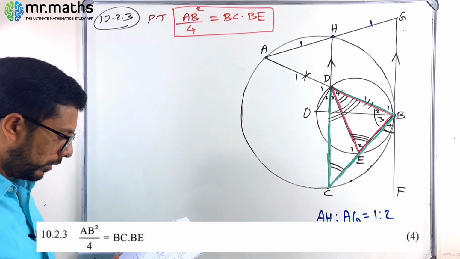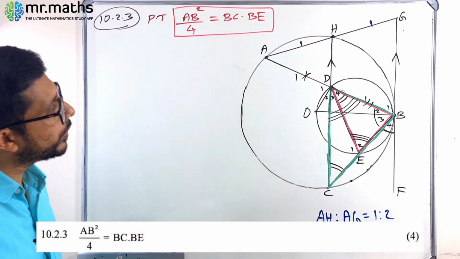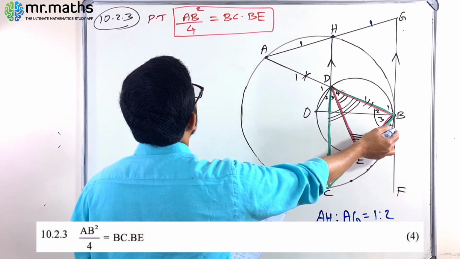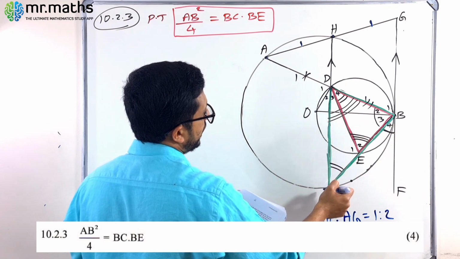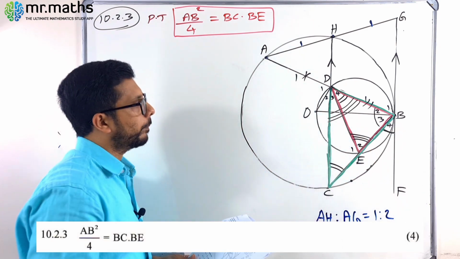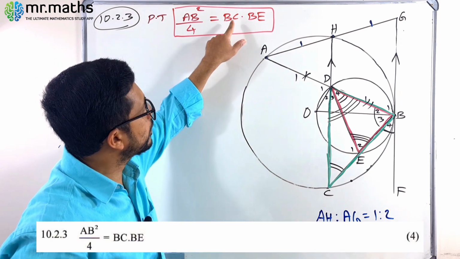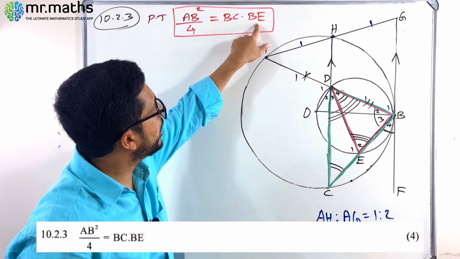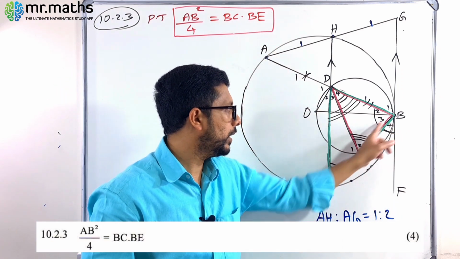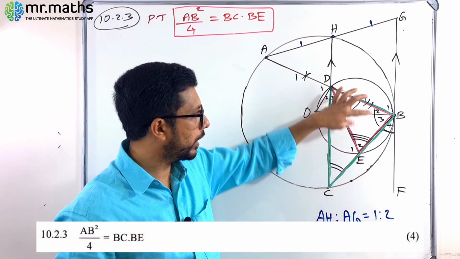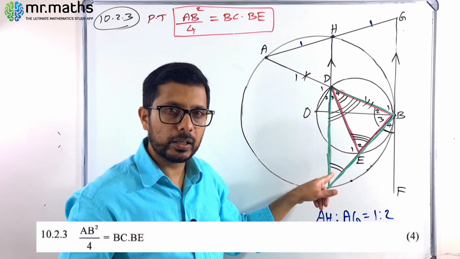So how can we prove this one? Where is this AB? AB is this one, BC is this one, and BE is this one. Can you see that BC is this side and BE is this side, which are not connected to the two triangles that we proved similar.